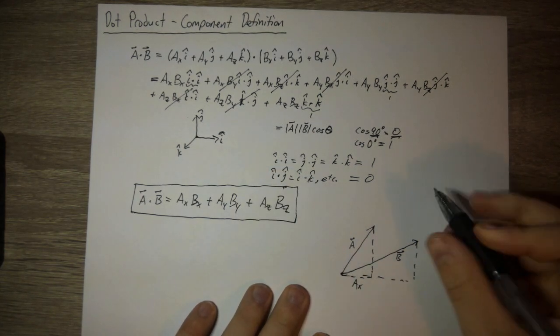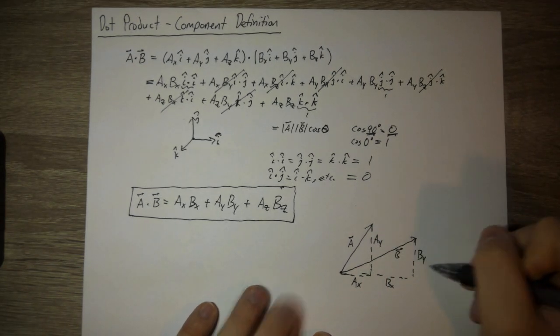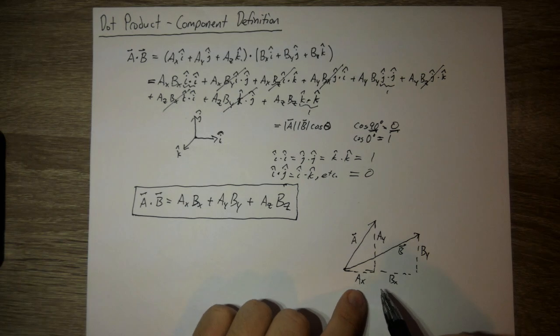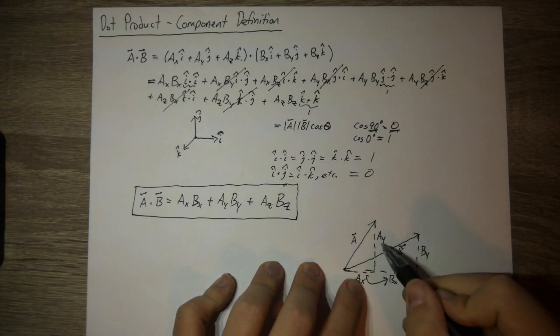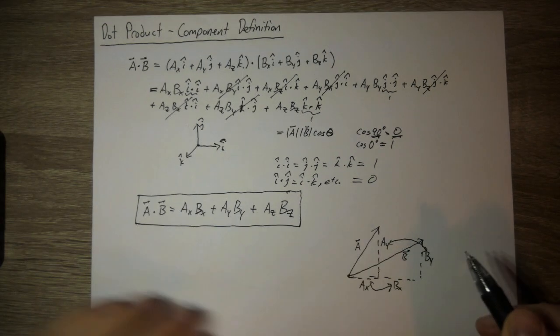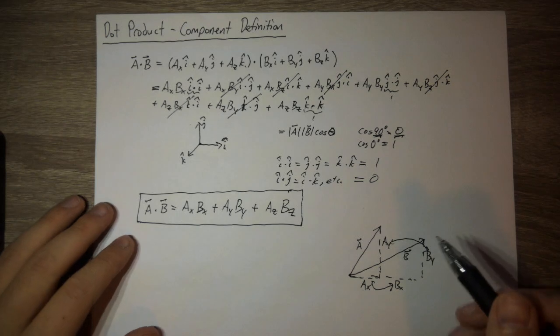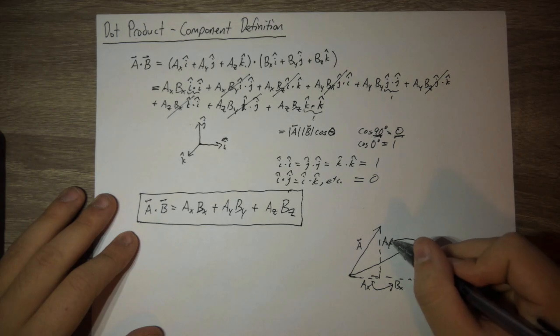We've got our AX, BX, AY, BY, and you're just multiplying your similar components with each other and then adding the multiplication of the other two components.